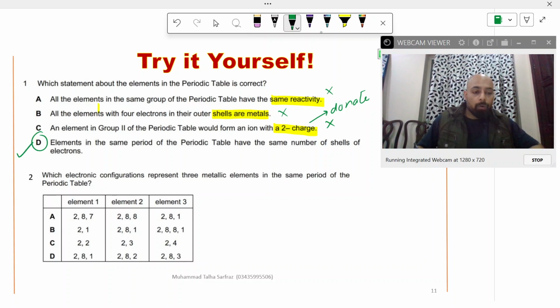Okay, so which electronic configuration represents 3 metallic elements in the same period? Now the period is same, remember, period is same. ठीक है, period is same means that the number of shells are same.